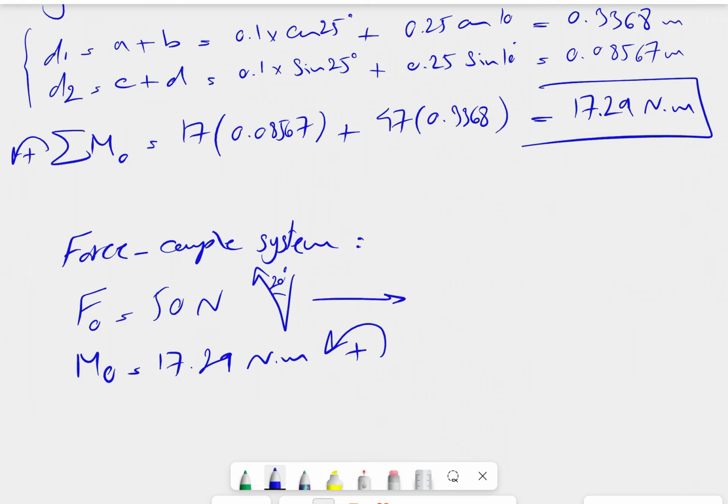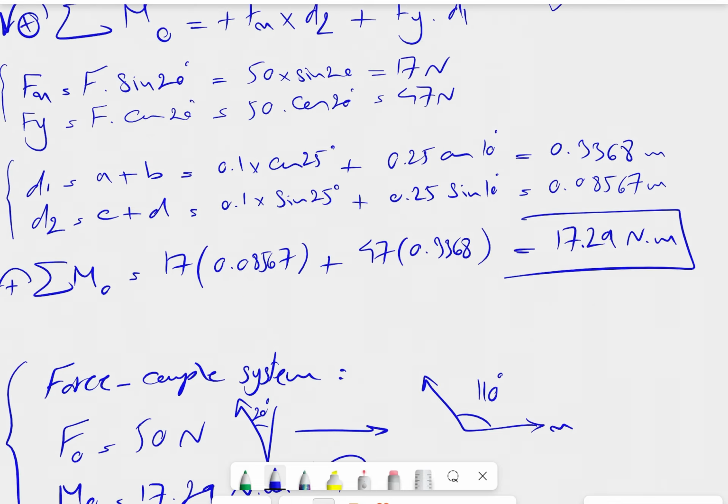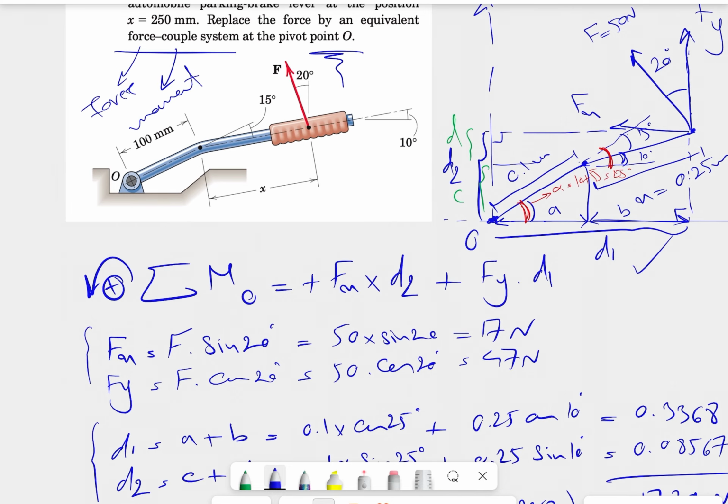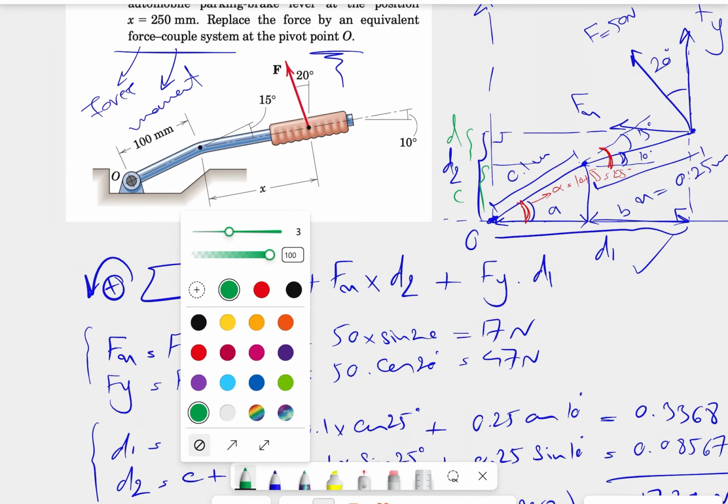And the other way that we can show the angle for the force is we can also go with the angle that it makes with the x-axis. So it will be 90 plus 20, which is 110. Both ways work. And if we want to at the end show an illustration of the force couple system at point O, we can simply go with what I'm showing in red.